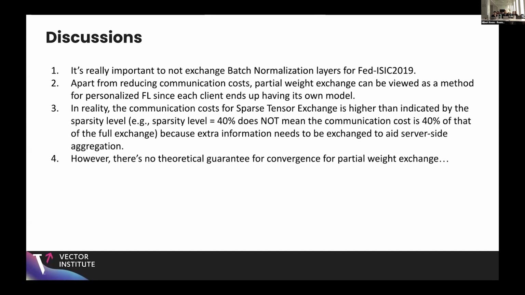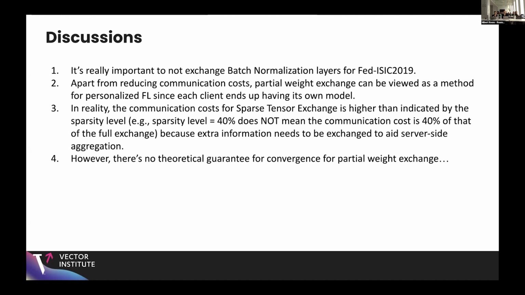But the point is that we tried partial weight exchange because the issue of communication costs can conceivably be very important, especially when model sizes are getting larger and larger nowadays. As for why we saw better performance in partial weight exchange than full exchange, it might be the case that the weights that are specific to the local data are kept, whereas with full exchange they would be aggregated.